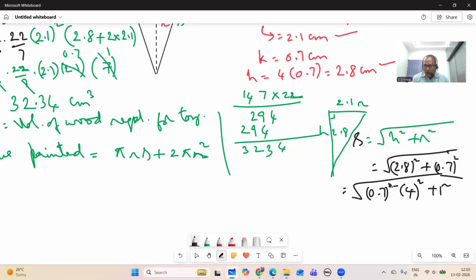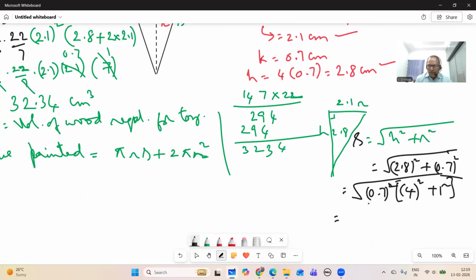I have written 2.8 as 0.7 into 4. I'm squaring it, so I get 0.7 square into 4 square. And of course, this is taken out.